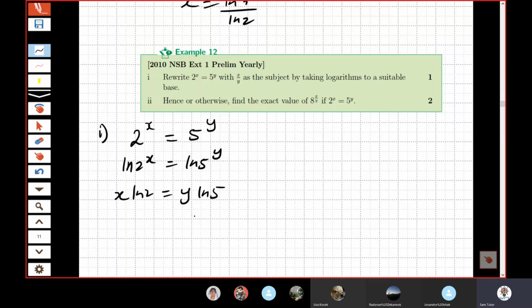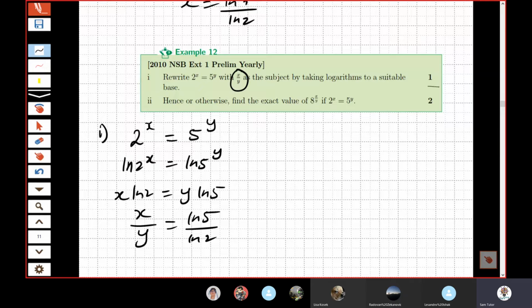Divide by what? Bring the y over, and then log 2 over, so x on y is log 5 over log 2. Good algebra, well done. You just wanted x over y, and you bring the log 2 over, so it becomes log 5 over log 2. Done. 1 mark.